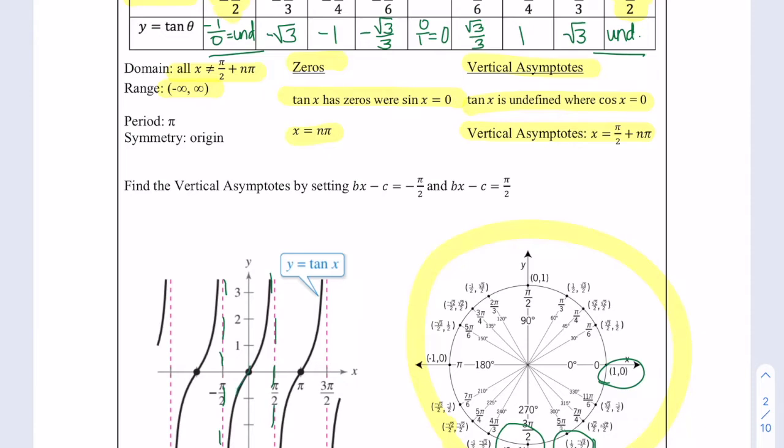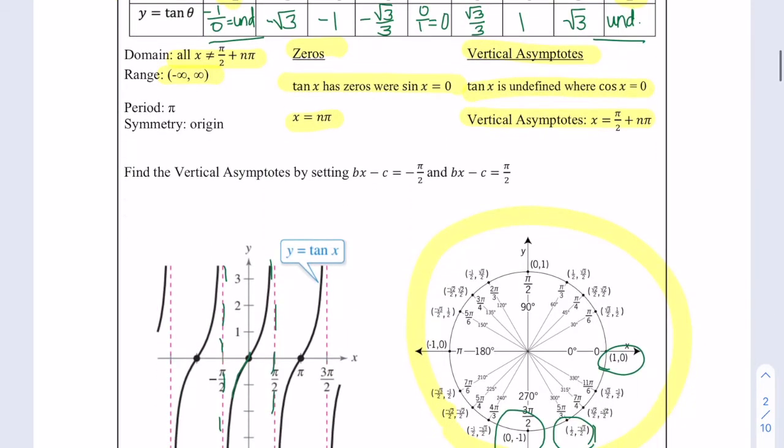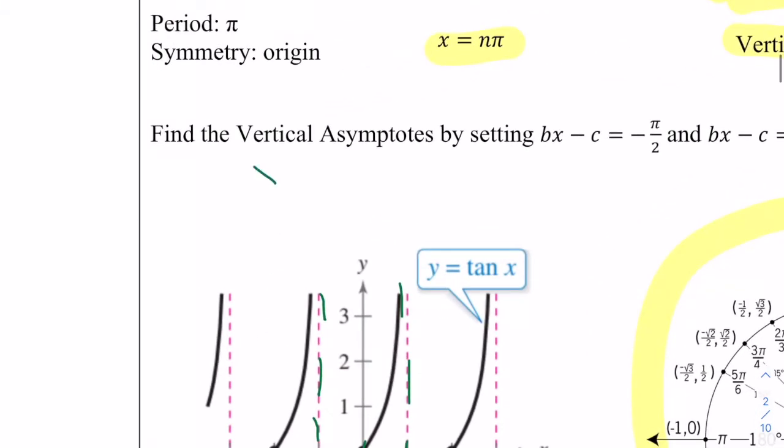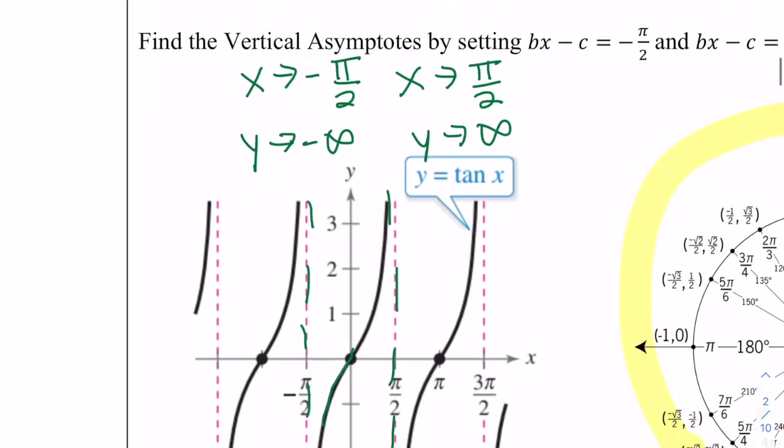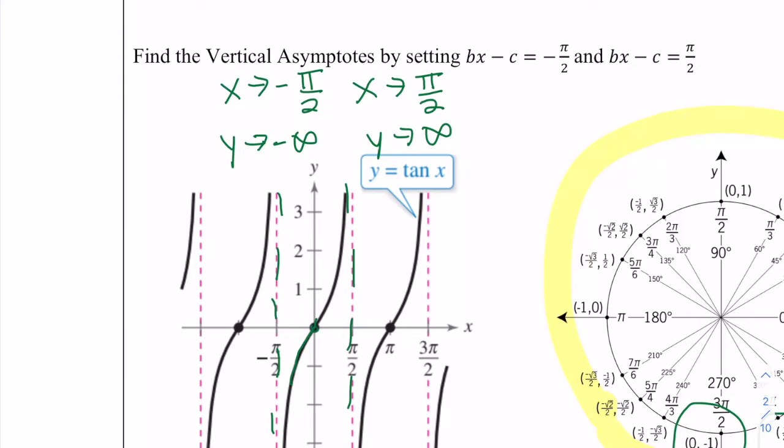We can see that as x approaches negative pi over 2, we know that the function is approaching negative infinity. And as x approaches positive pi over 2, y approaches positive infinity. So we have an increasing function.